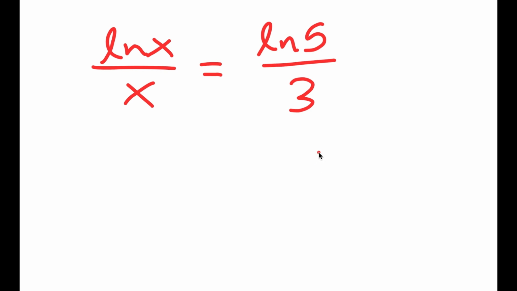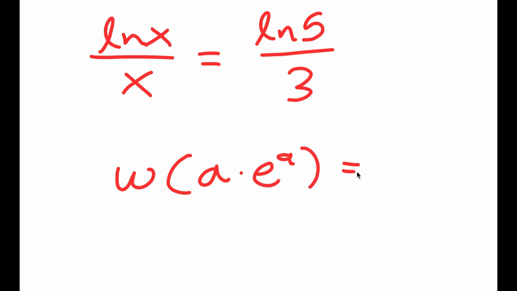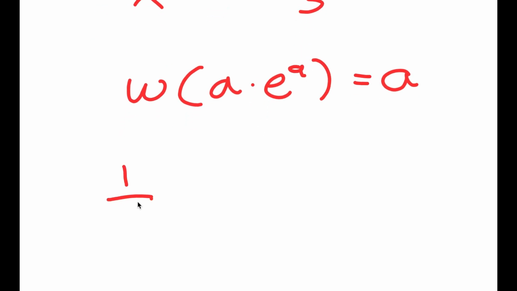Now, I'm going to bring in something known as the Lambert W function. What the Lambert W function states is that if you take the W of something in the form a times e to the power of a, this is equal to a. So in this case, for my left-hand side, I'm going to write this as 1 over x times ln x.